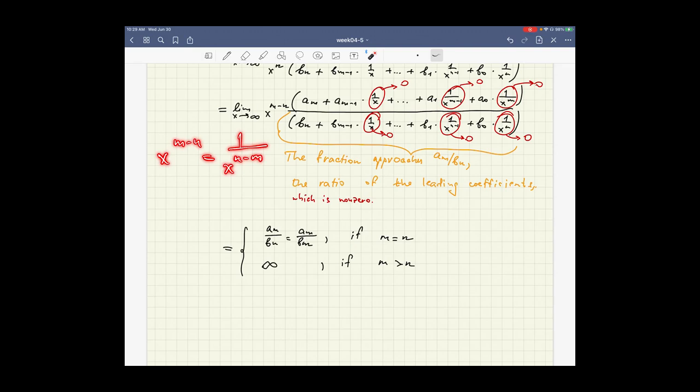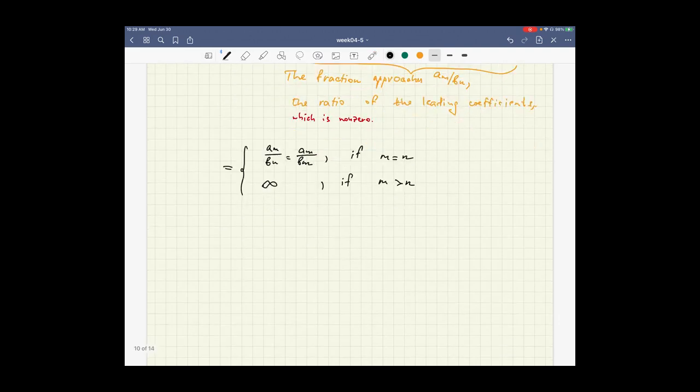And if m is less than n, n minus m is positive. x being huge, raised to a positive power is still a huge quantity. 1 over a huge quantity is a small quantity. So x to the power m minus n, in the case when m is less than n, will approach 0, and multiplied by the ratio of the leading coefficients, it'll still be 0.